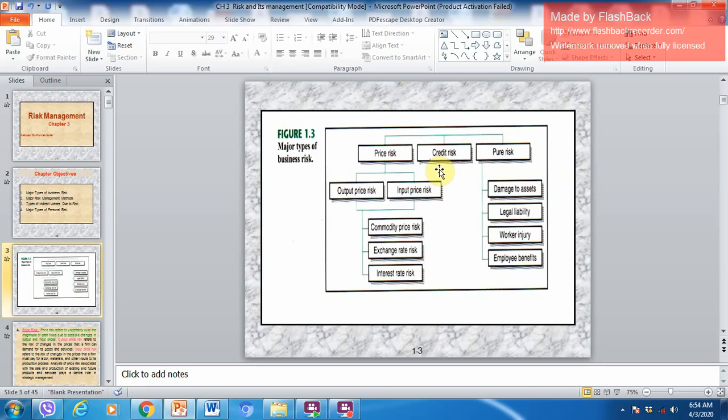Then the second point we discussed was credit risk. Credit risk is associated with the amount of receivable. For example, you sold goods on credit, and the amount that is due from the consumer you have to collect, but due to some reason it becomes a sunk cost, and you are unable to get that amount. This is called credit risk.